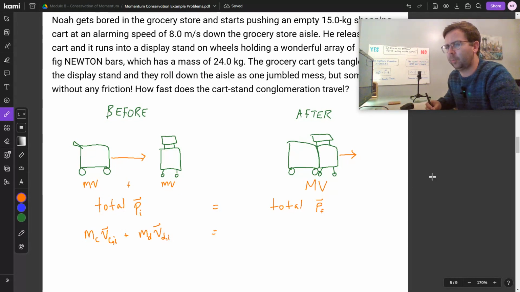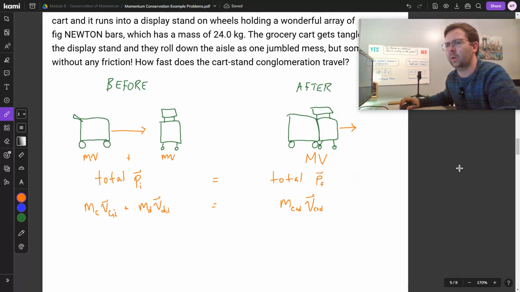To represent that mathematically, there are different ways you can do it, but the way that I typically do it is I say the mass of the cart plus the display stand and the velocity of the cart plus the display stand. So we're getting kind of messy with our subscripts here, but this is the best way to stay organized: to be as precise as possible. I want to make sure we're clear about what we're saying in our math symbols.